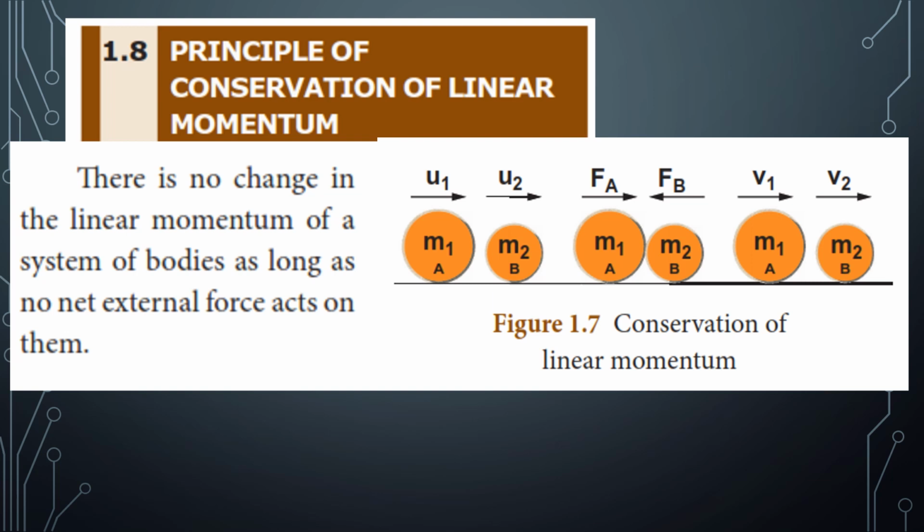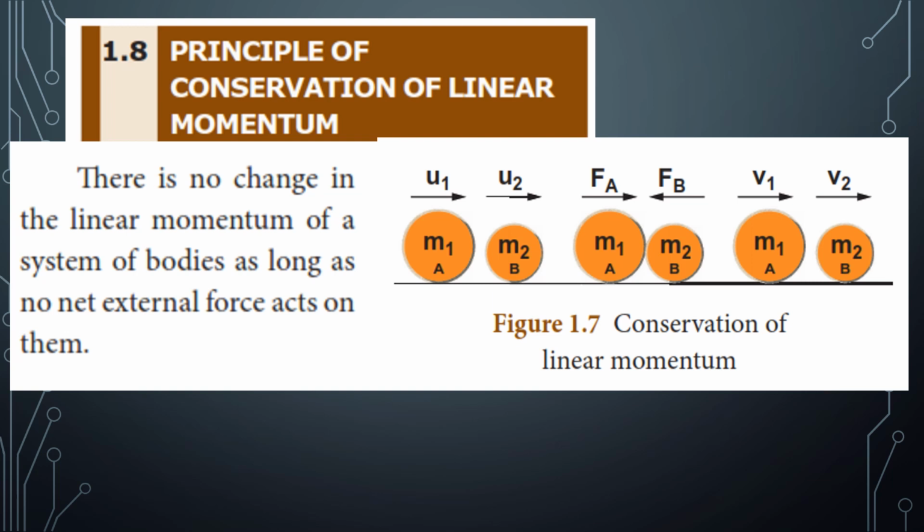Force on body B due to A is given as Fb, which is equal to m2 into (v2 minus u2) by t. Force on body A due to B is Fa, which is equal to m1 into (v1 minus u1) by t.